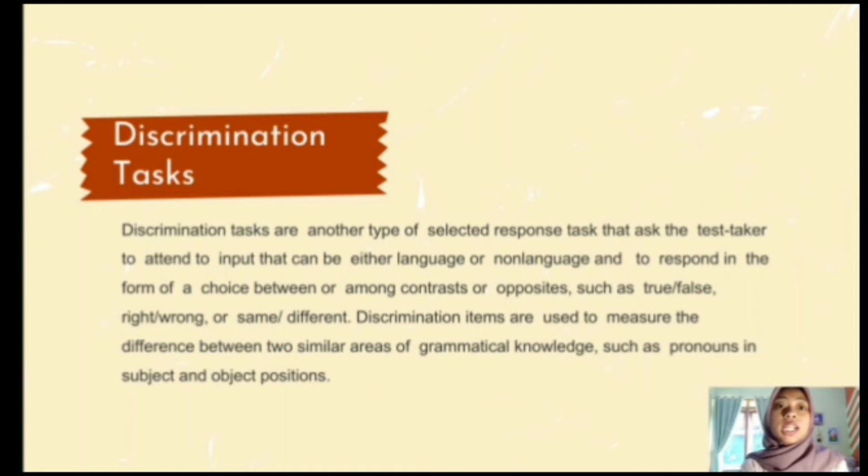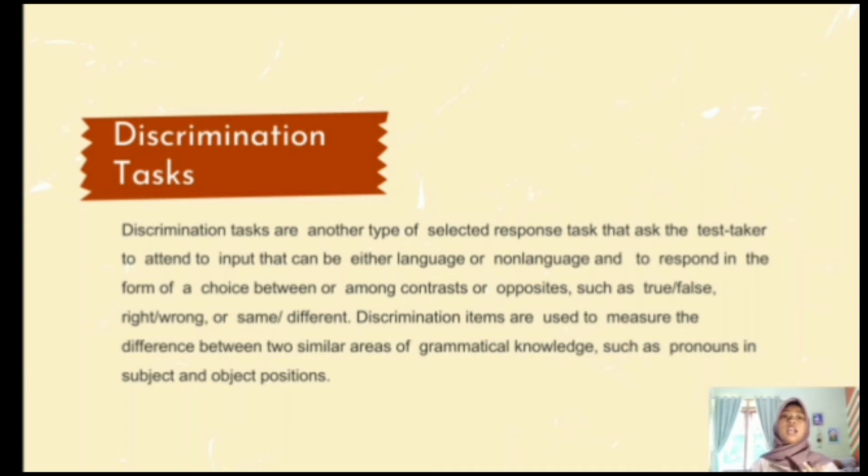Discrimination tasks. Discrimination tasks are another type of selected response task that ask the test taker to attend to input that can be either language or non-language, and to respond in the form of a choice within or among contrasts or opposites, such as true or false, right or wrong, or same or different.